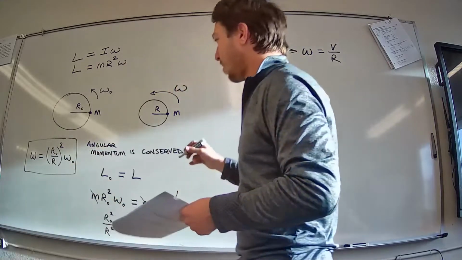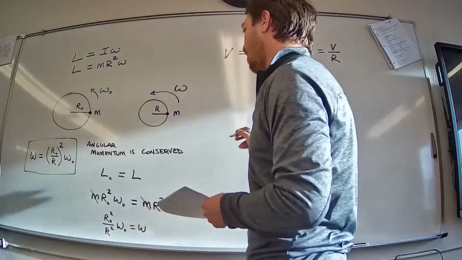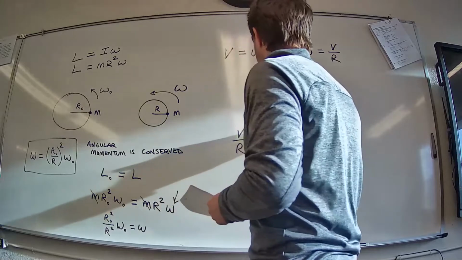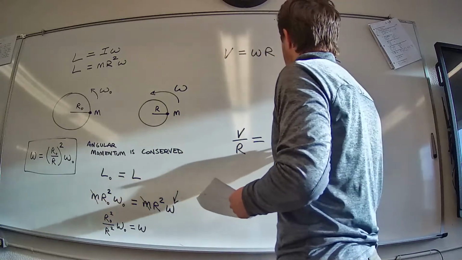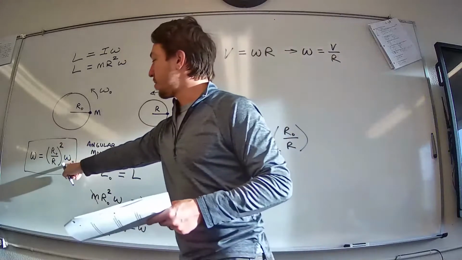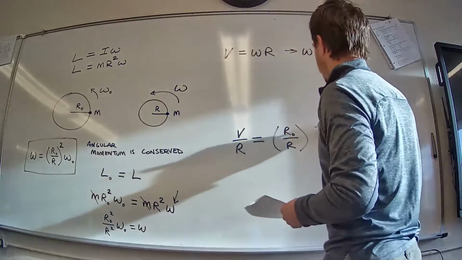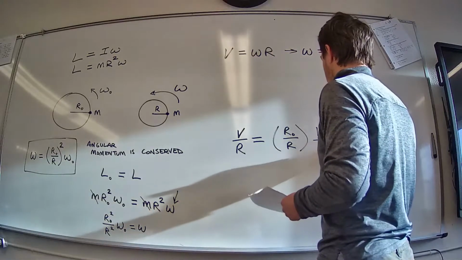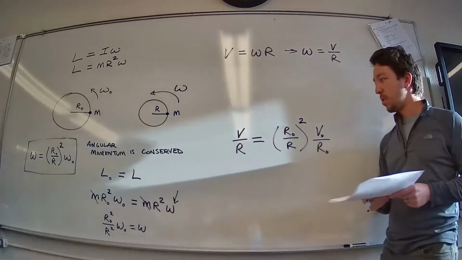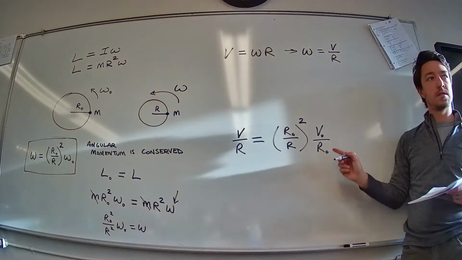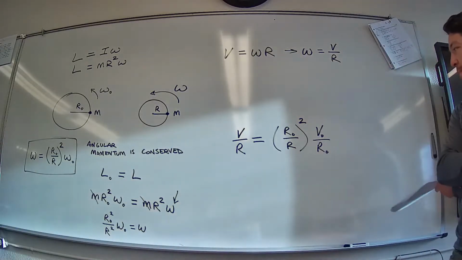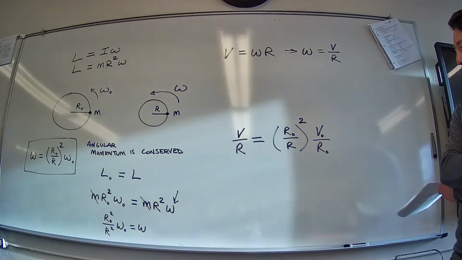This is a nice relationship, right? But if I replace that omega with v over r, and then I replace this omega naught with v naught over r naught, does that make sense, what I'm doing there? Let's simplify that a bit. What's going to happen?